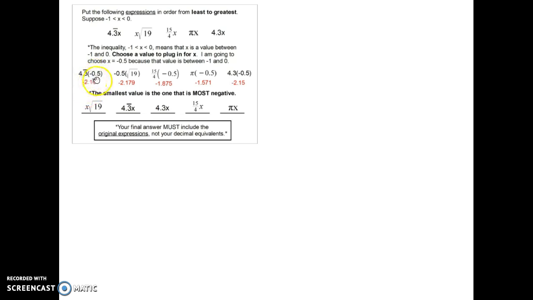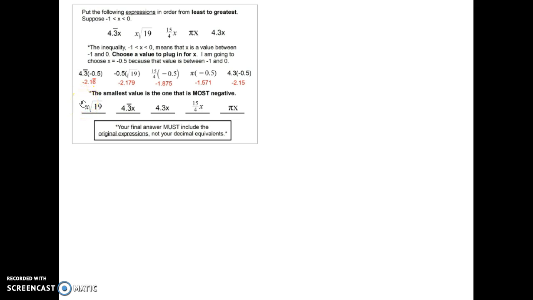So when we plug in negative 0.5 times 4.3 repeating, we end up with negative 2.16. Negative 0.5 times square root of 19, negative 2.179. So you're going to plug in that value into each one of these original expressions and get a value for it. Then you're going to look at those values and put those in order from least to greatest.